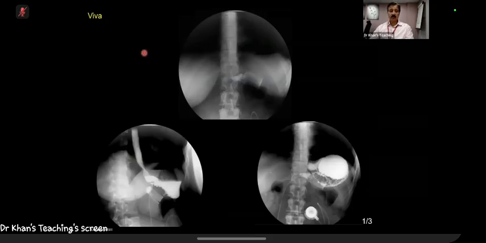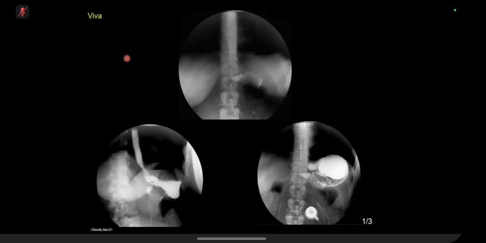Candidate 6. This patient has had bariatric surgery. What has happened here? Is everything in place or not? Over to you. Okay, so these are selected spot films from a barium study. There's evidence of a previous gastric band.